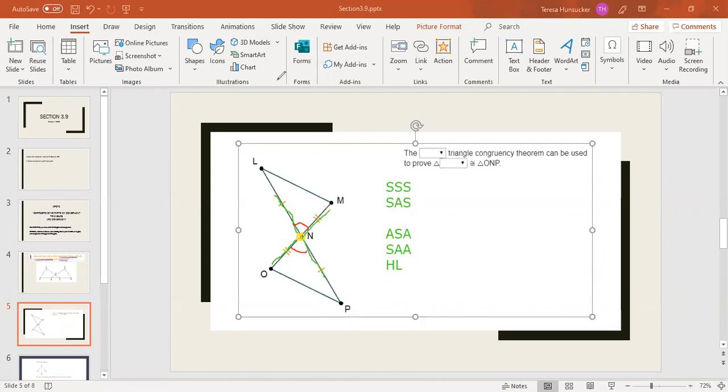Let me go ahead and say that angle LNM is congruent or equal to angle PNO. I don't have a congruent symbol, so I always have to type it out. Let's make sure we match up corresponding vertices: I start with L, so I match up the corresponding vertex, which is P, and then N, and then O. They're congruent because of vertical angles.